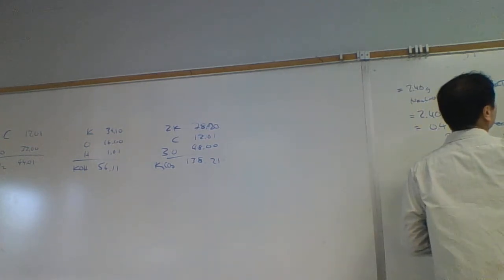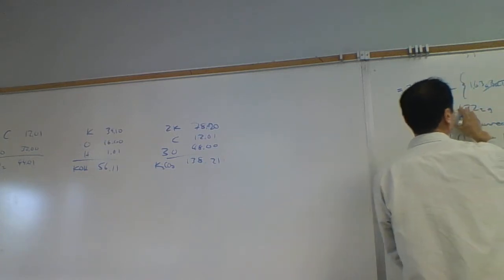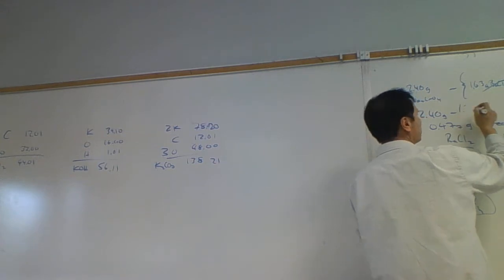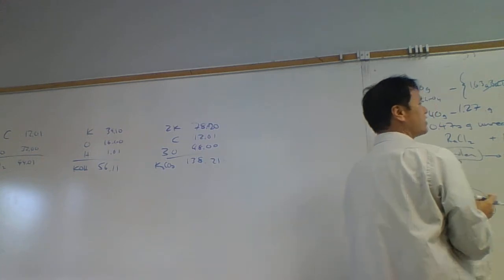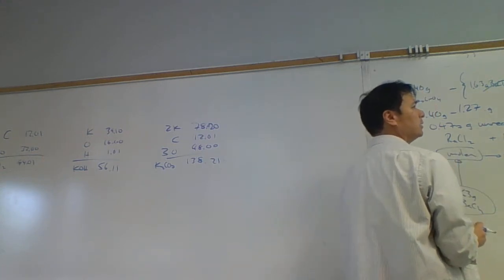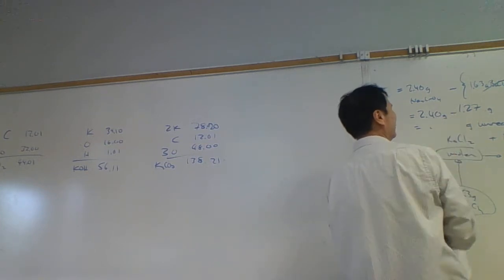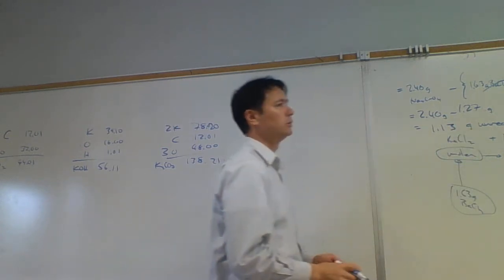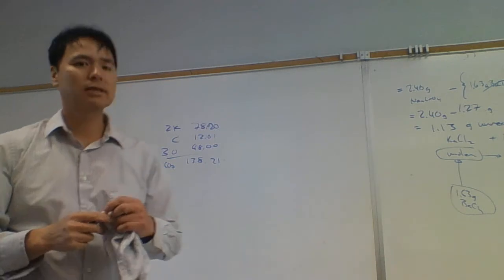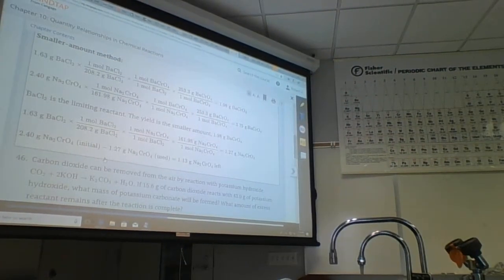Sorry, 208.2. I'm going to change this to 1.27 grams. And so the amount of excess remaining is going to be 1.13 grams of unreacted sodium. Thanks for catching that. This is the answer.